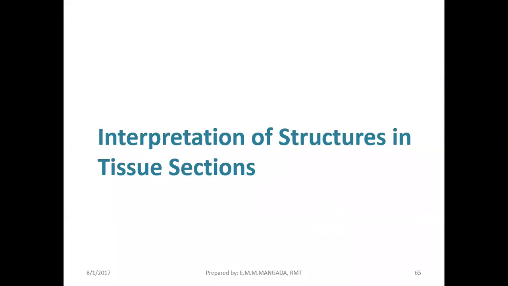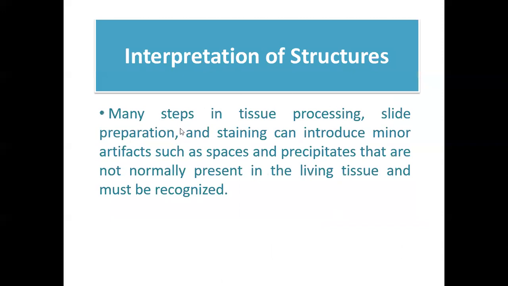Okay? And then last, we have interpretation of structures in tissue sections. So guys, work po ito nung ating mga pathologies. So, like for example, yung mga diniscuss natin kanina na procedure in tissue preparation. So kung nagkamali ka sa procedure mo, may mga pwedeng result dun sa tissue mo.